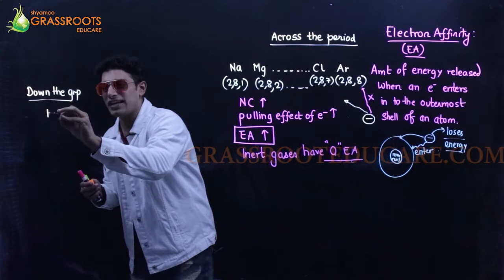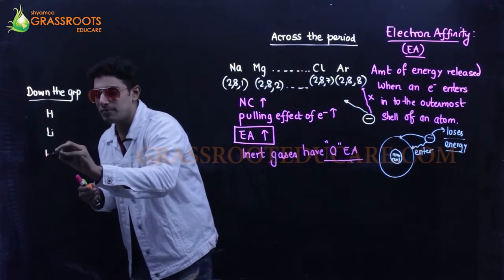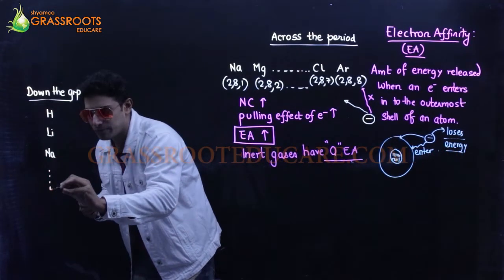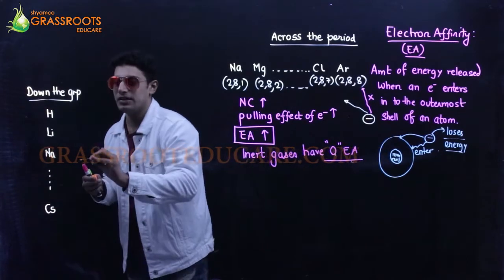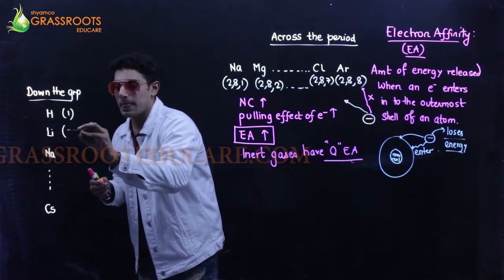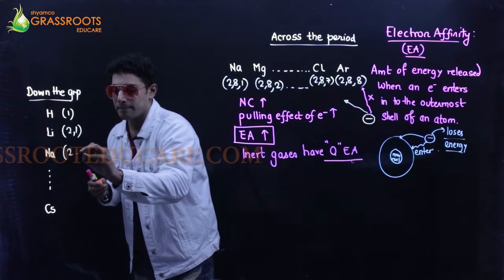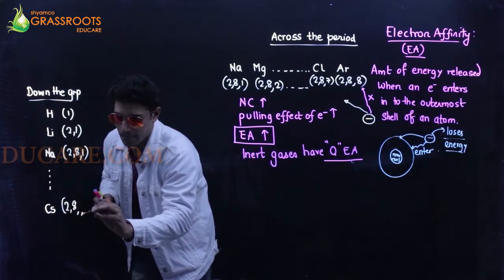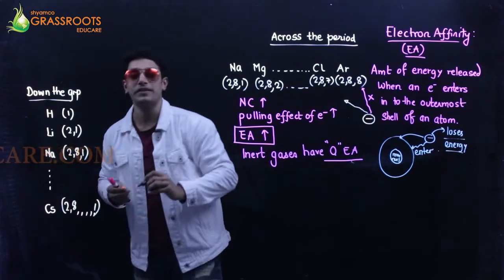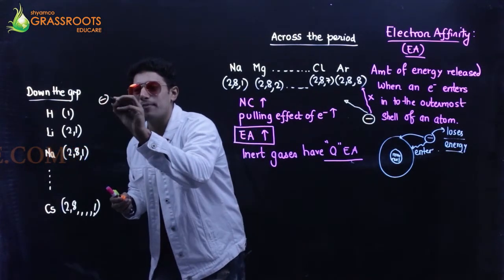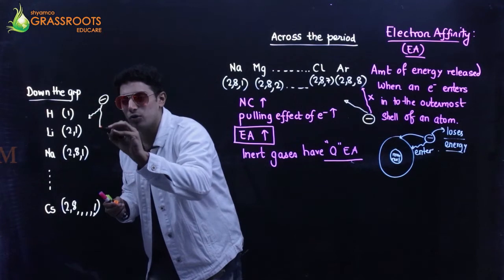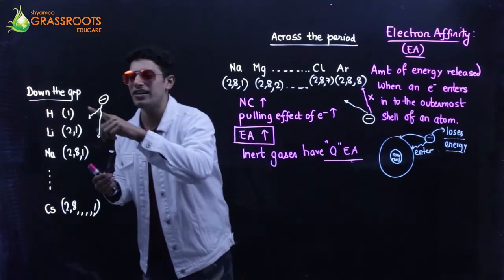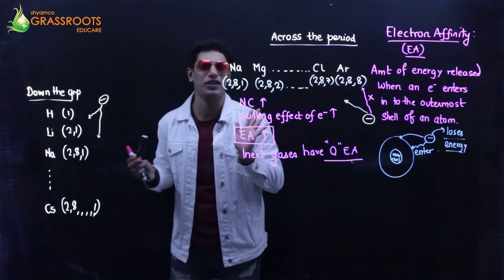Alright, first, again, hydrogen, lithium, sodium, potassium, rubidium, cesium. Fine. Now one electron is coming. Now I very well know that one electron will be accepted by none of them.